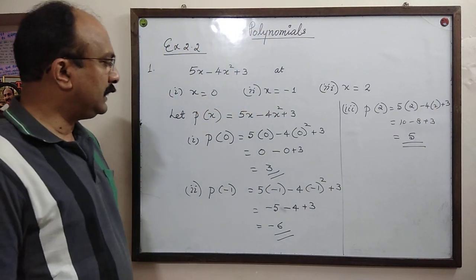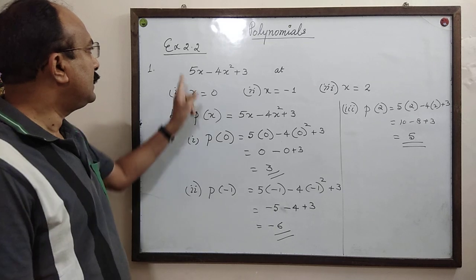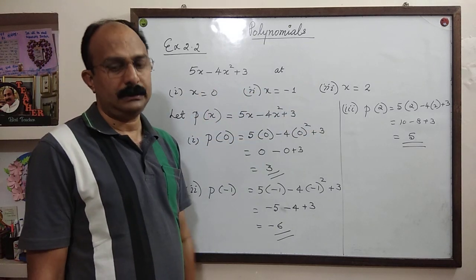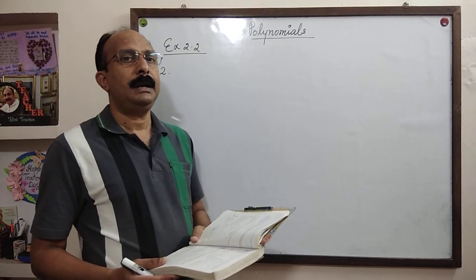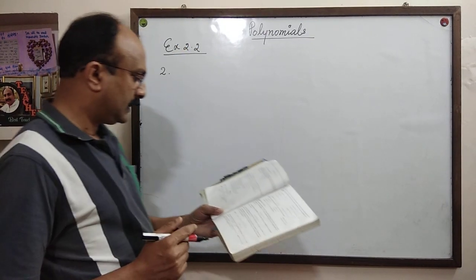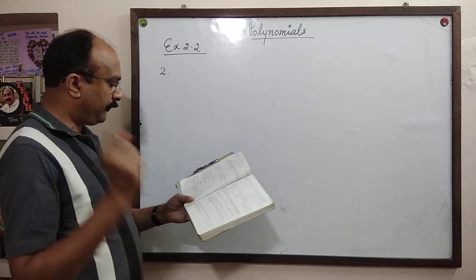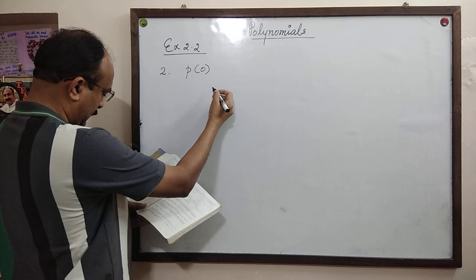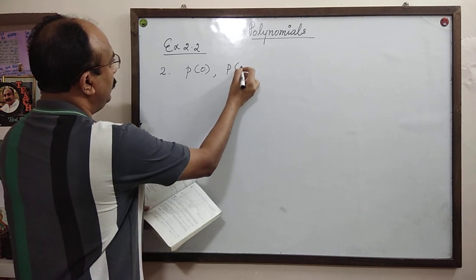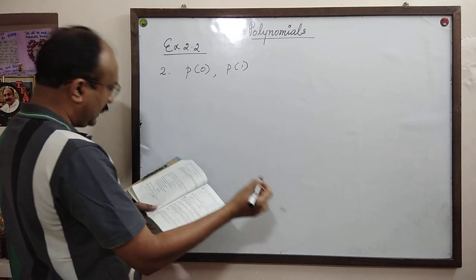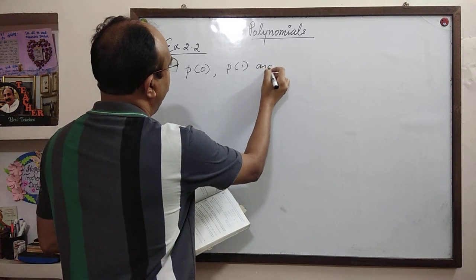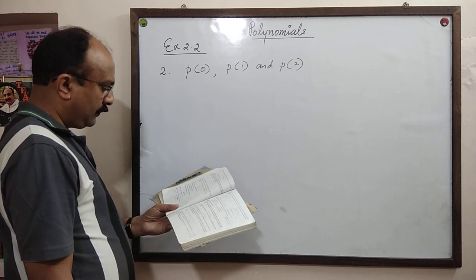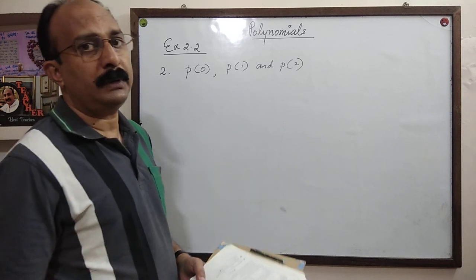Okay, this is simple. We might have done it in smaller classes, to find the value of a polynomial at this. Now question number 2. Question number 2 is find p of 0, p of 1 and p of 2 for each of the following polynomials.